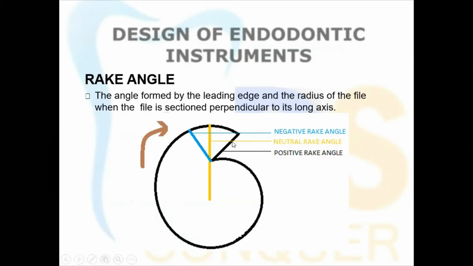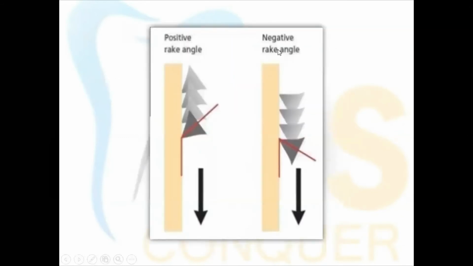This rake angle can be a negative rake angle, neutral rake angle, or positive rake angle. Just see here, if the angle formed by the long axis of the leading edge with the radius of the cross section of the file is obtuse, that means greater than 90 degrees, then the rake angle is considered to be positive.